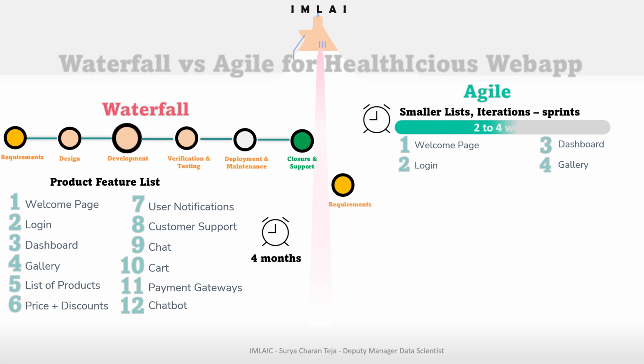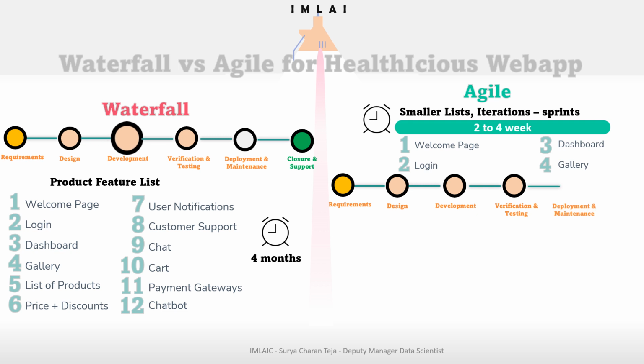we are going to select four features: welcome page, dashboard, login, and gallery. For these four features, we will initially gather the requirements. Then we will design the user interface and user experience for these four features. Then we will develop only these four features. Then we will do the verification and testing for only these four features.